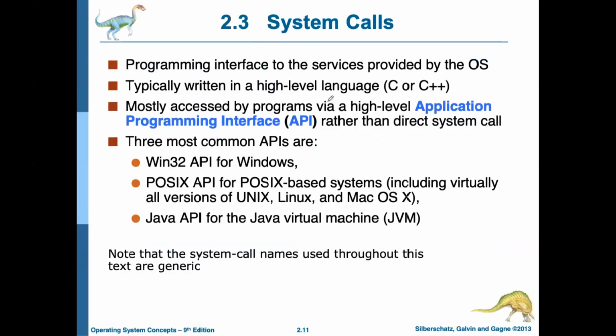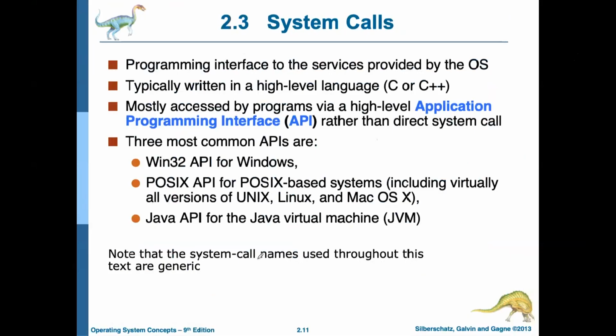The most common APIs are Win32 API for Windows, POSIX API for POSIX-based systems, including virtually all versions of Unix, Linux, Mac OS, and Java API for the JVM, or Java Virtual Machine. So those are the most common APIs available in the market.